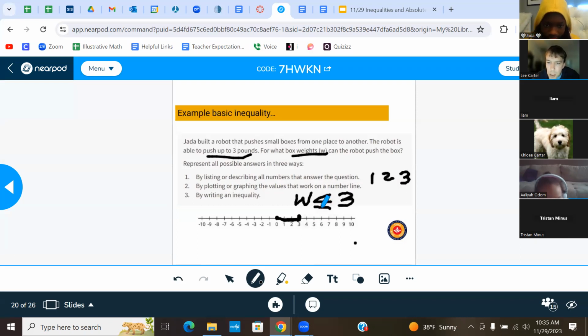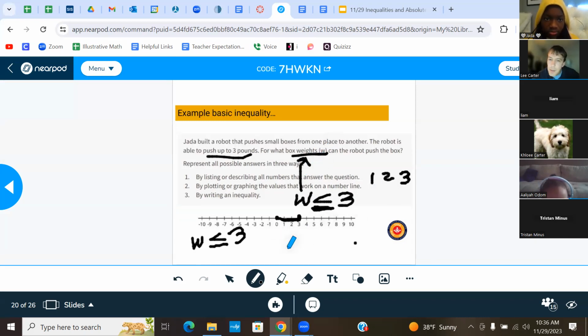So what I'm doing with the little line under it here, notice, just means it can equal it. So the weight it can push is less than 3 pounds, but since it can also equal 3 pounds, I'm making like the little equal sign under it right there. So it's less than or equal to 3 pounds. Okay. So all that the W means is that the box weight has to be less than or equal to that. That's the variable, right? That's what it stands for.